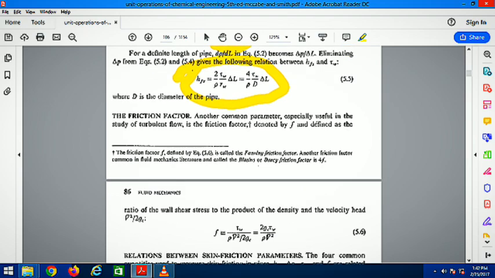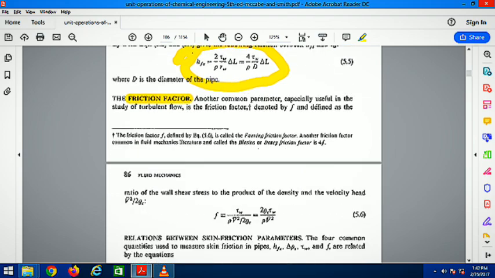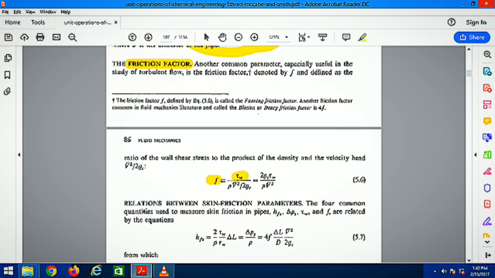Now we introduce a new term, the friction factor f, which is tau W upon rho V square by 2. We have seen rho V square by 2 to be like an energy unit, and tau W is a pressure unit.